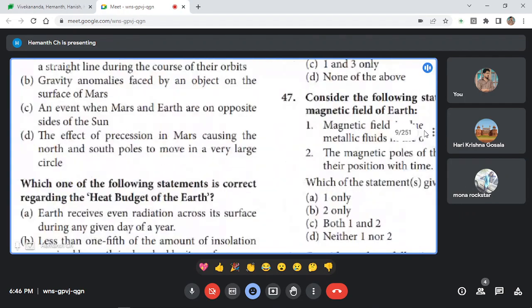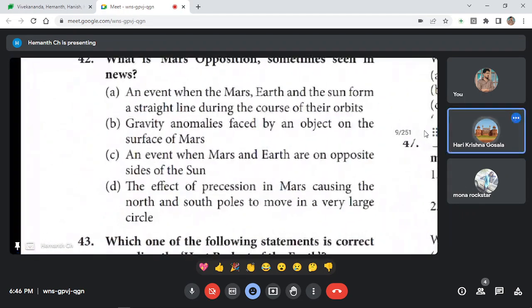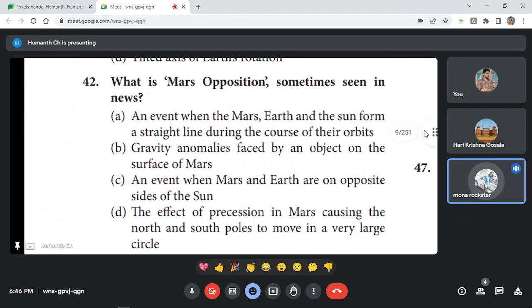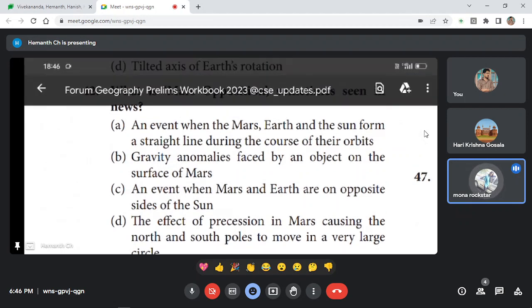Okay, this is a question. Read, Monica. What is Mars opposition? Sometimes seen in news, an event when Mars, Earth, and the Sun are in a straight line during the course of their orbit; gravity anomalies faced by an object on the surface of Mars; an event when Mars and Earth are on opposite sides of the Sun; the effect of precession in Mars causing the north and south poles to move in a very large circle.